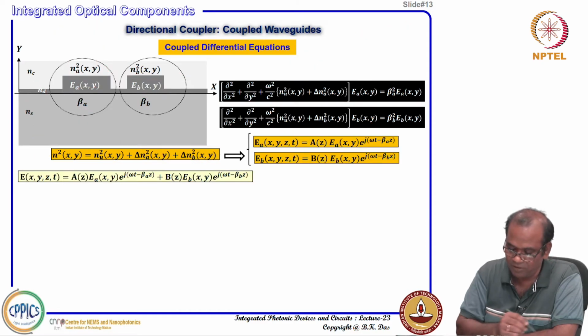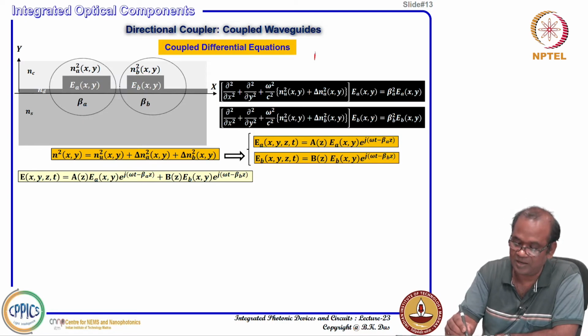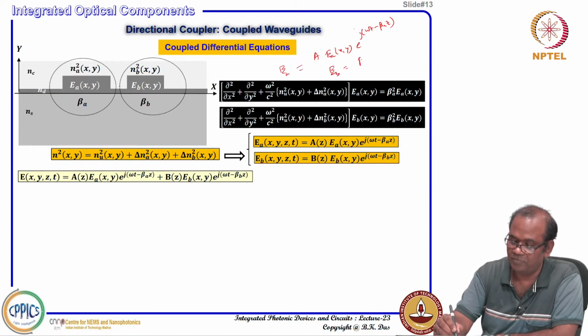Then what do I need to know? I can define that they are actually interacting. That means the solution I considered earlier, E_A equal to A e_A(x,y) e to the power j(omega t minus beta_A z), and E_B equal to B e_B(x,y) e to the power j omega t.